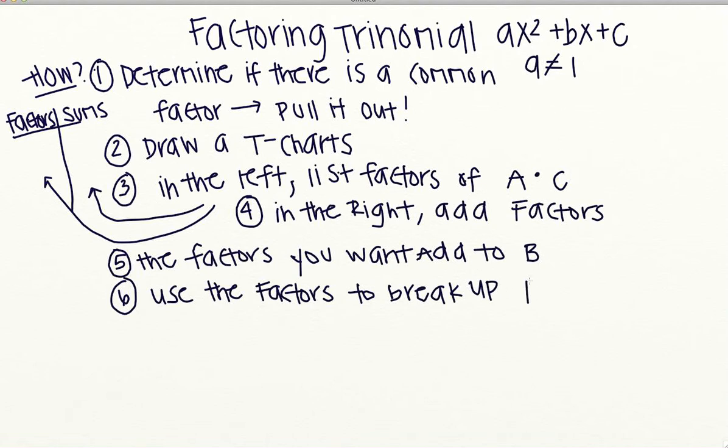It's bx. I'm sorry, it's bx, not b to the x. It's not a power, it's just bx. So we're going to use the factors to break up our middle term. And this might make a little more sense when we work examples, so bear with me, but let's go through our strategy. Step number 7 is factor by grouping.